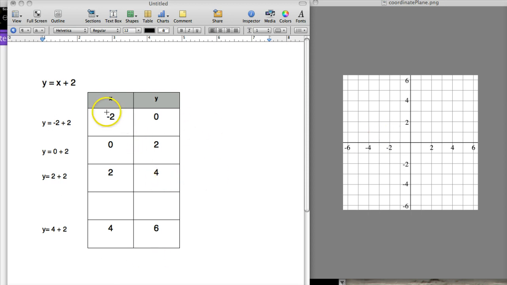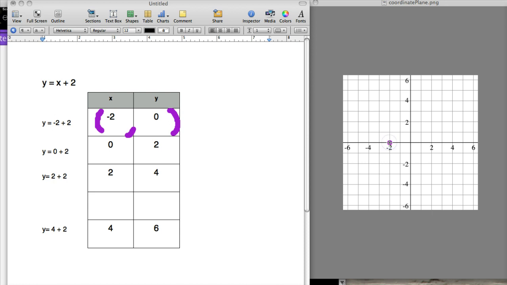When x, and again, these are ordered pairs, if I were to draw some parentheses around here, that exemplifies what an ordered pair is when it's listed that way. Obviously, you'd have a little comma in the middle, and there's your ordered pair. So when x is -2, 1, 2 on the x-axis, to the left, y is 0.